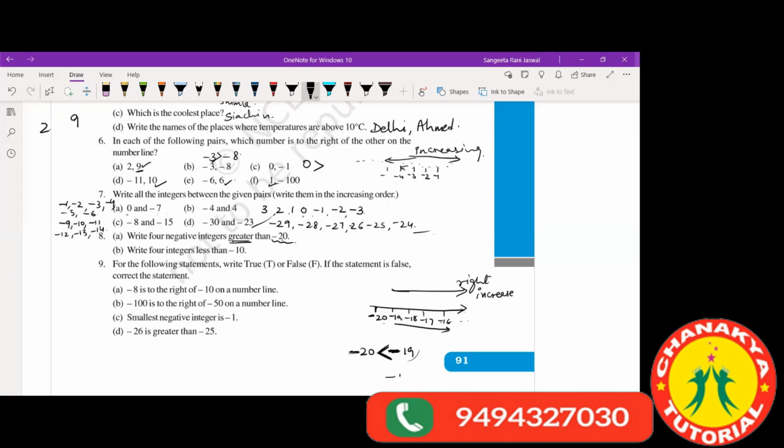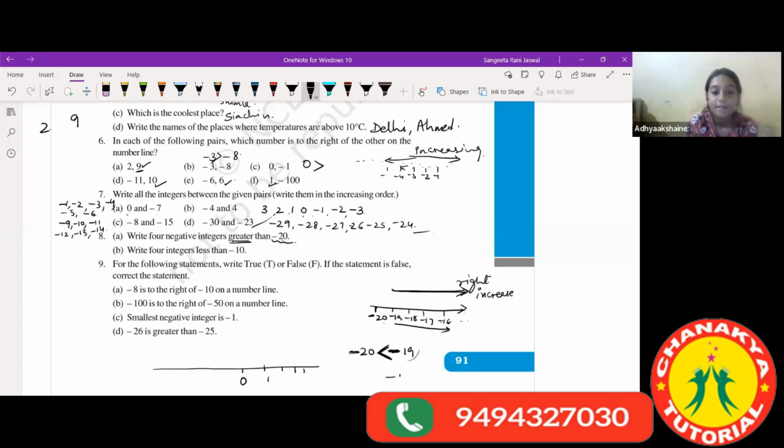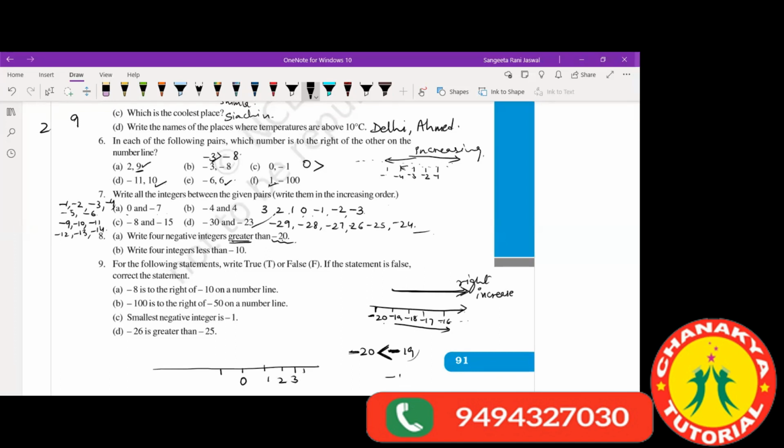So numbers always increase towards the right side. Whichever number is towards the right side, you just have to keep the number line in your mind. How is the number line? In the center you have 0. On the right side you have all positive numbers. On the left side, you have all negative numbers.